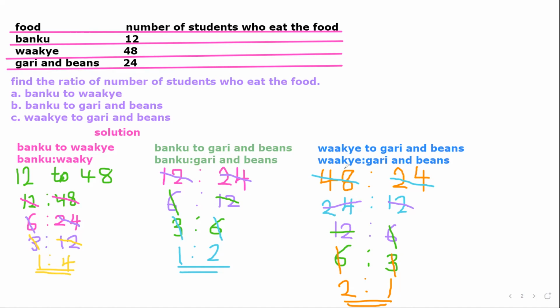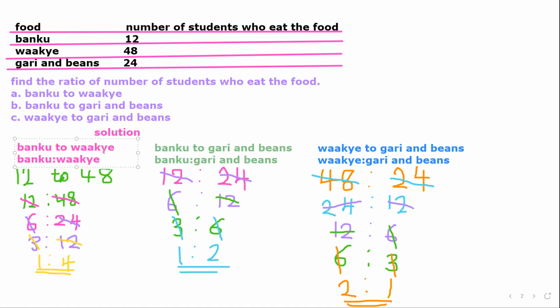Only one person eats gari and beans, and that is the end of the comparison of ratios and how we break ratios into their simplest form.